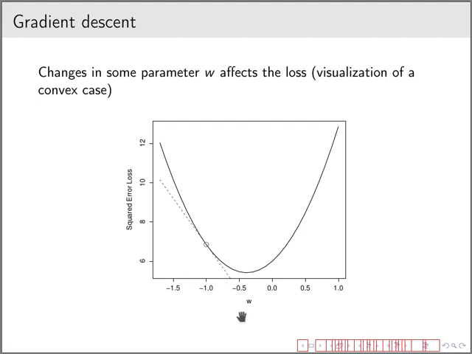So what would be the best choice? If I know that the derivative is negative for the parameter w, would I be going in a better direction by adding something to w or subtracting something? Should I go in the right-hand side direction or the left-hand side?